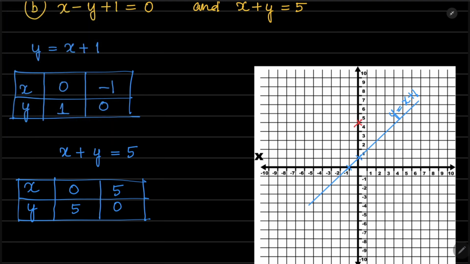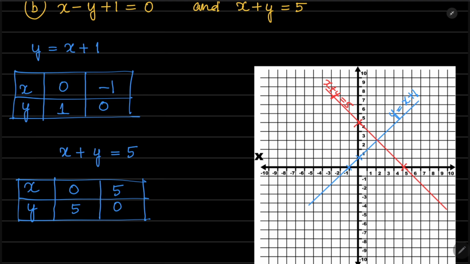This is 0, 5. And then 5, 0 is this point. So let's go ahead and plot it. Just draw a straight line and write it also: x plus y equal to 5.